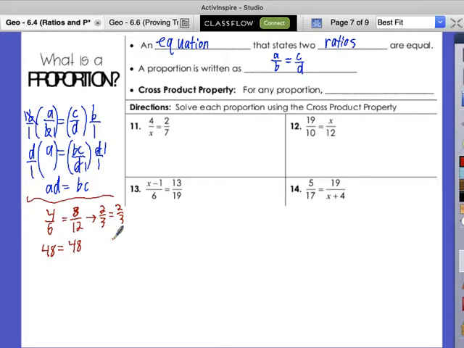So can we do it either way, like the simplifying? Yes, but what we'll end up doing is cross multiplying really every time. This is just saying that these ratios, 4 over 6 and 8 over 12, are actually both the same thing. They're both 2 over 3. So cross multiplying is mathematically accurate because we still have these two sides equal to each other.